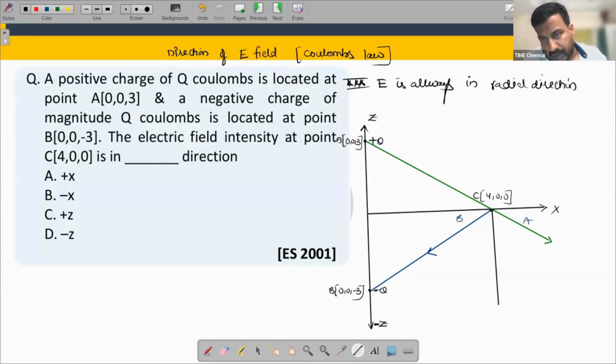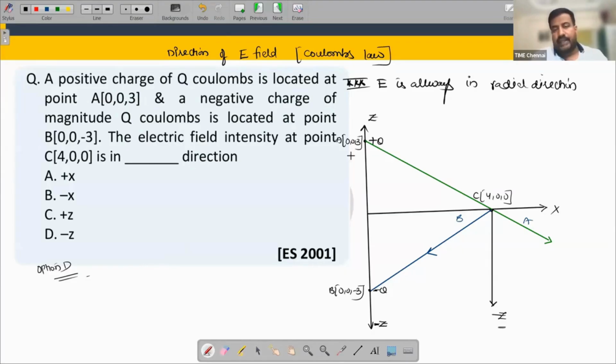This is the direction of the resultant electric field, which is the negative z direction. Option D will be your answer.